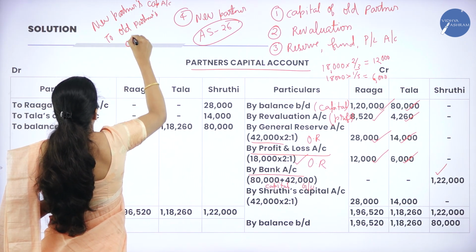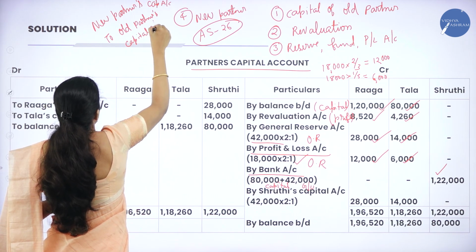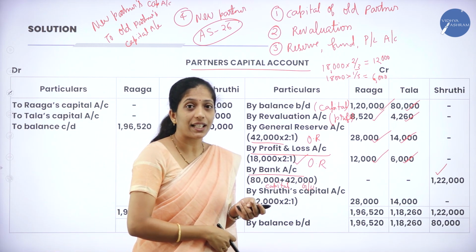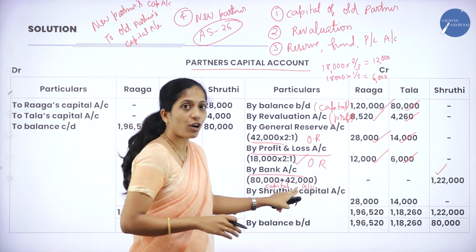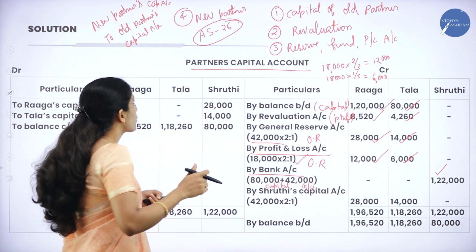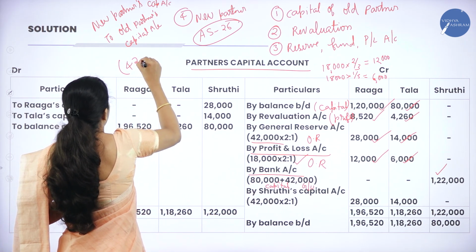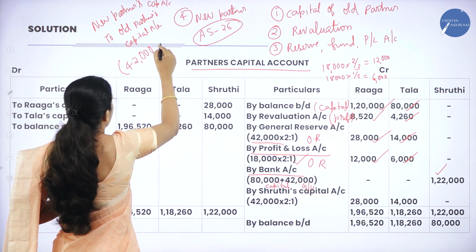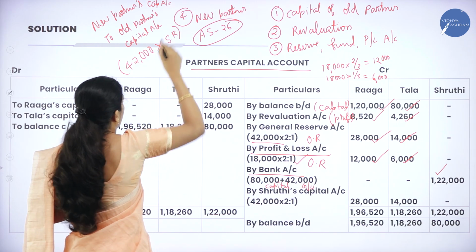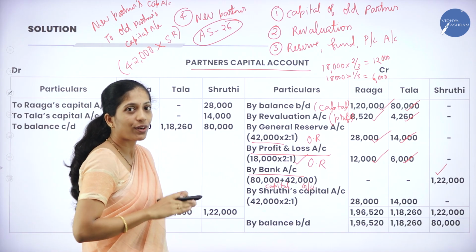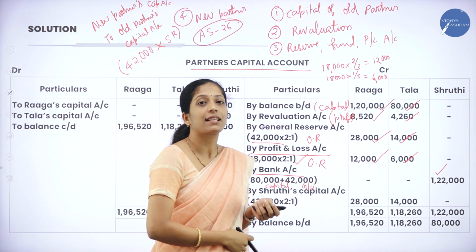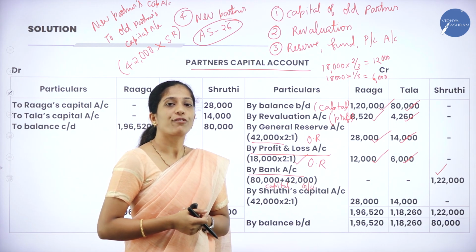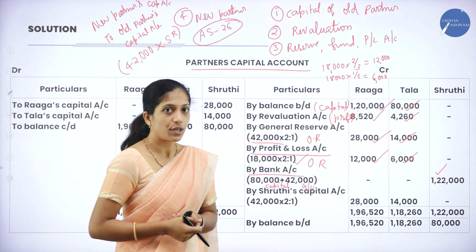Whatever amount is brought by the new partner, here the new partner has brought rupees 42,000 as goodwill, has to be distributed among the old partners in their sacrifice ratio. So this is the entry in relation to the treatment of goodwill according to Accounting Standard 26.